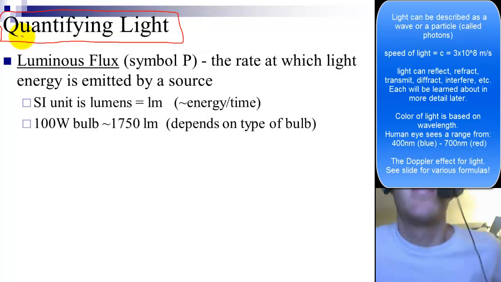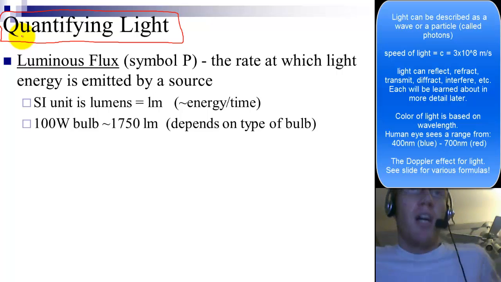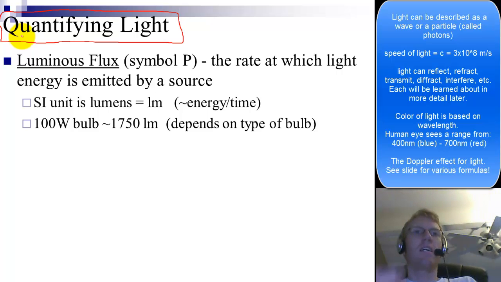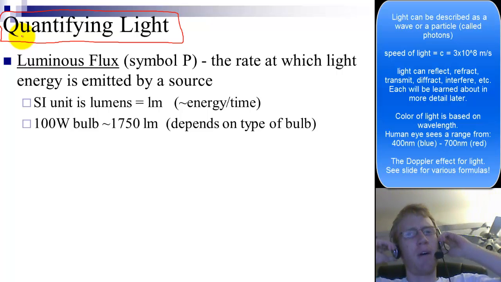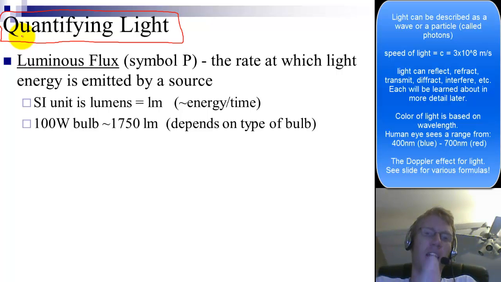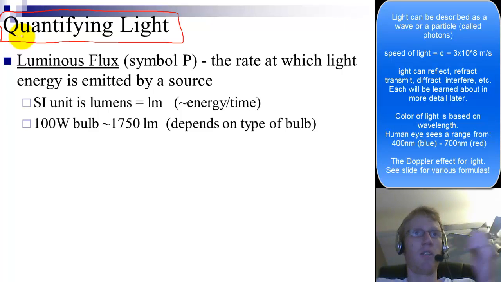Okay, all is good. So luminous flux is the rate at which light energy is emitted by a source. So say you have a candle or something like that. It's putting out a certain amount of light particles. You might have heard of them called photons. That's a particle of light. It's putting out a certain amount of light per unit time. Obviously, the brighter it is, the more light it's putting out.